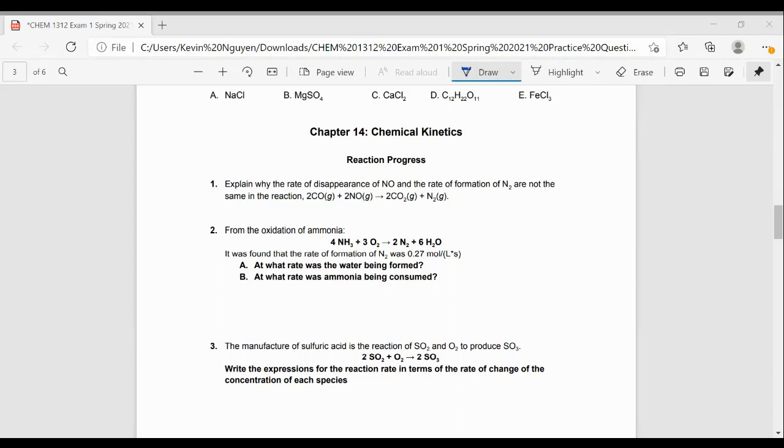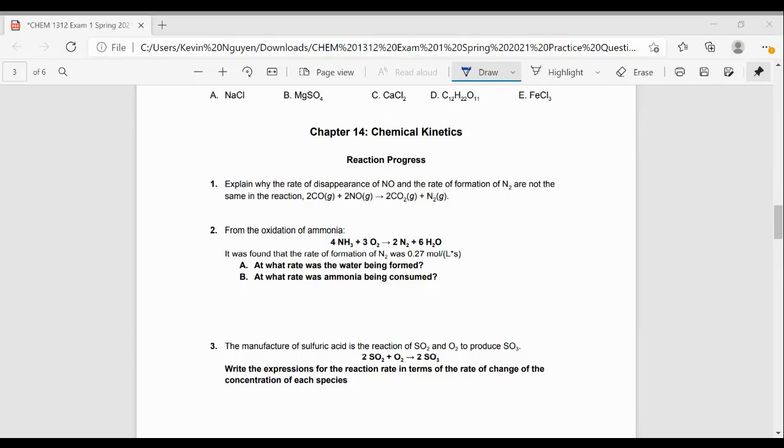So looking at the coefficients, you know that NO has a coefficient of 2, and N2 has a coefficient of 1. So NO, the coefficient of 2, basically states that, hey, this guy is being consumed at 2 times the rate that N2 is being produced.